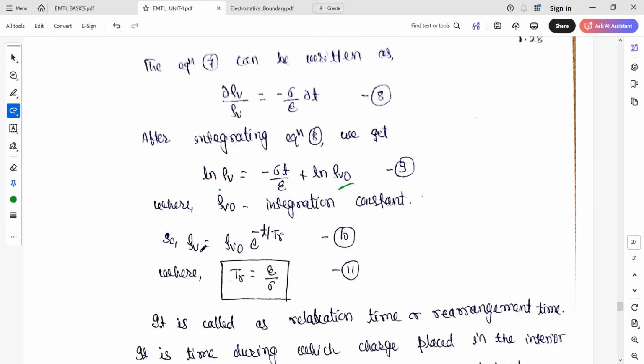So rho v equals rho v naught e to the power minus t by tr. Here tr is known as the relaxation time, tr equal to epsilon by sigma, where epsilon is the permittivity and sigma is the conductivity. So relaxation time is very important here.